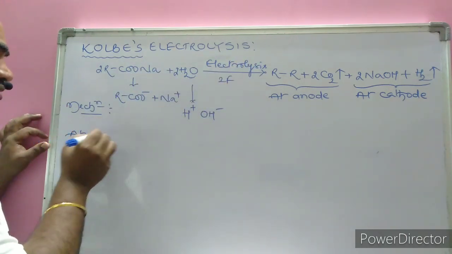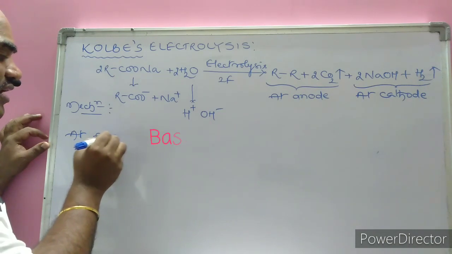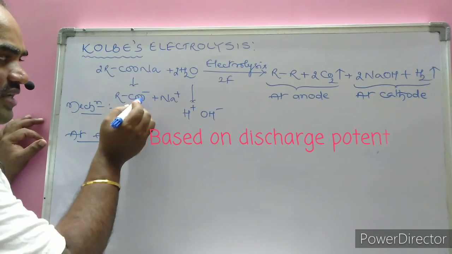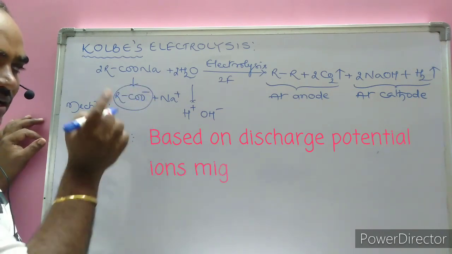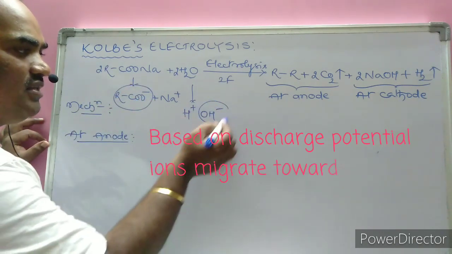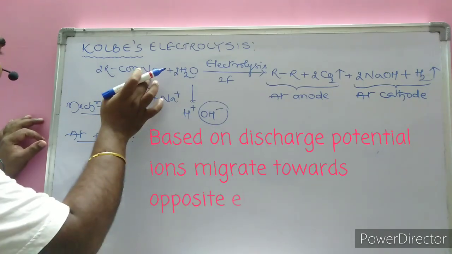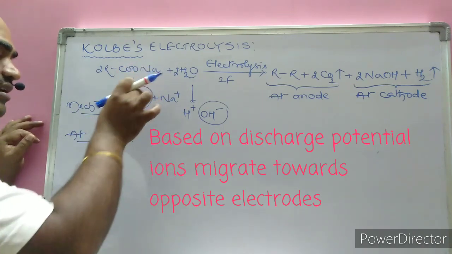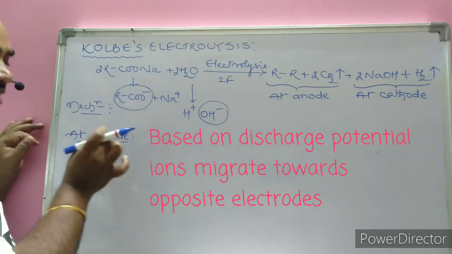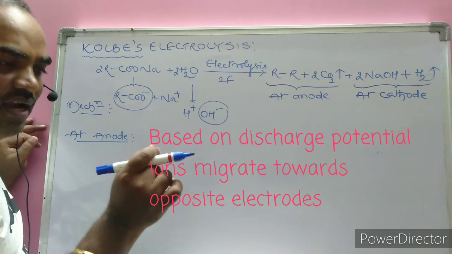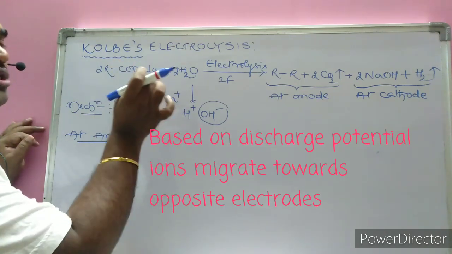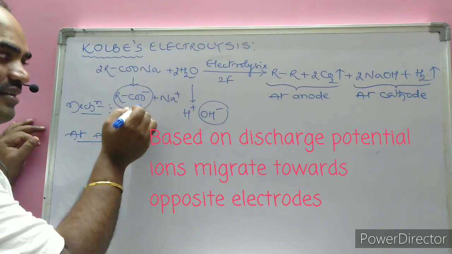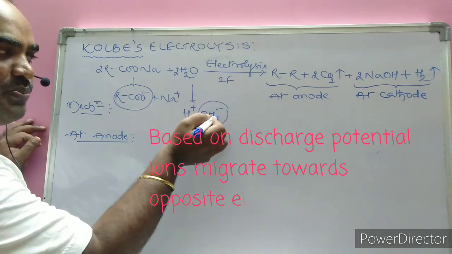Now, what are the reactions taking place at the anode? We know well, always anions move towards the anode and get deposited. But in this aqueous solution of the salt of the carboxylic acid containing two anions, which anion is getting deposited firstly on the anode? That is given by a very important thing, the discharge potential phenomenon. The discharge potential for the carboxylate ion is lower compared with the OH minus ion.